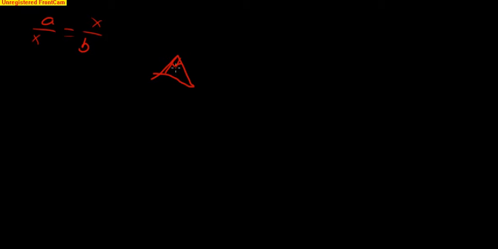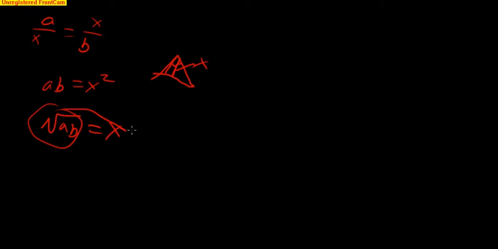The altitude is usually this x, and you set up a proportion where x is the same, and what you get is AB is equal to x squared, or the square root of AB is equal to x. In which case, the square root of AB is the geometric mean of A and B.